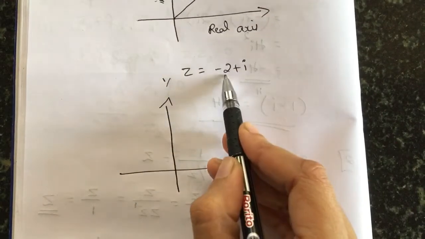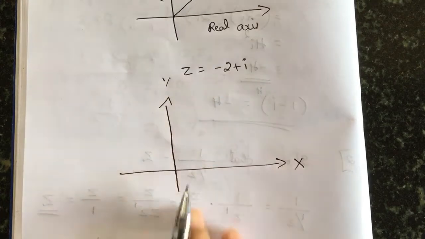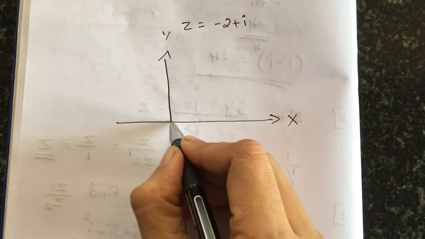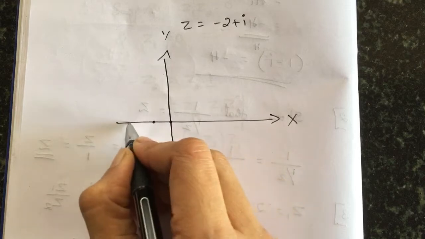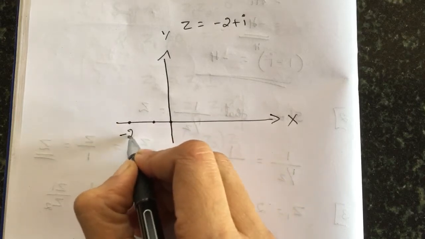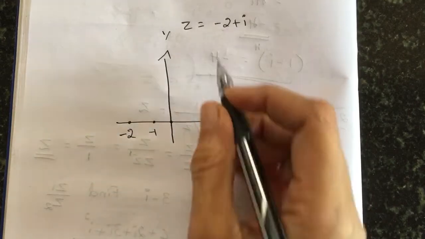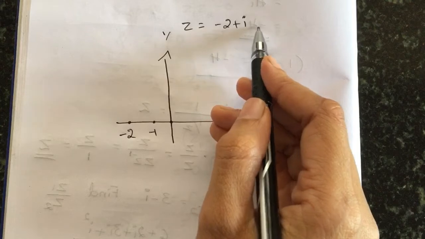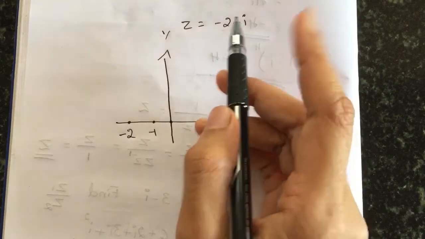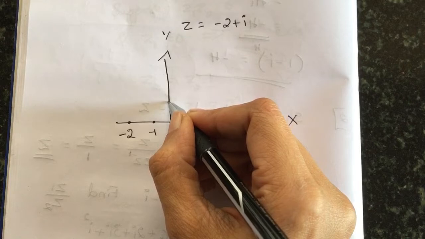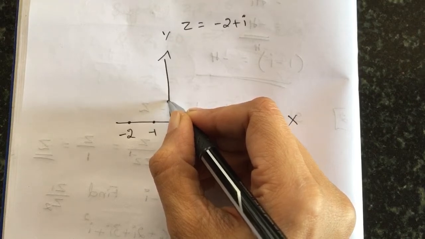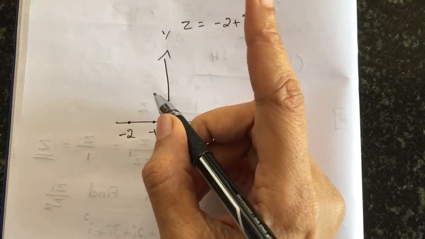Now the real value is minus 2, so this is 0, minus 1, this is minus 2. Then minus 2 plus i into 1, that is i, right? On the imaginary axis, the value of i is 1.